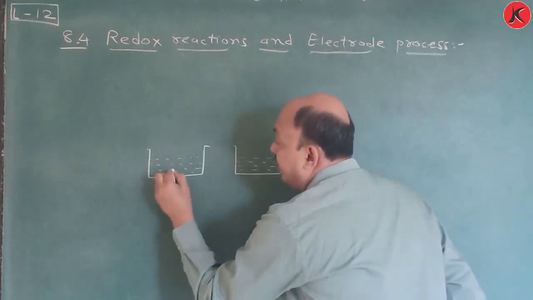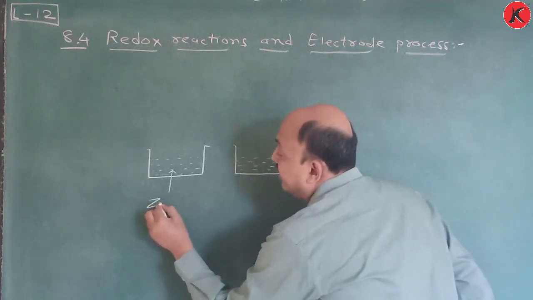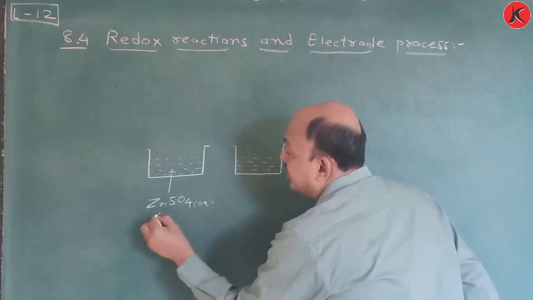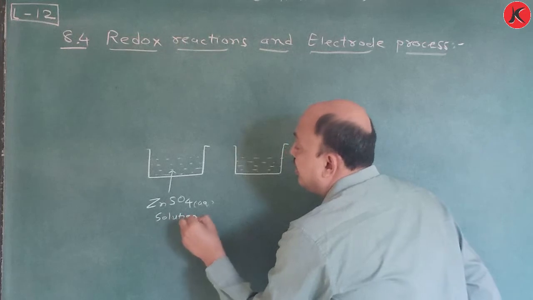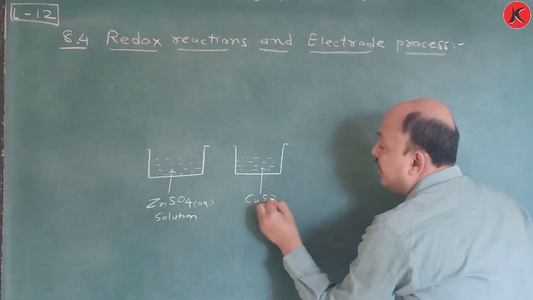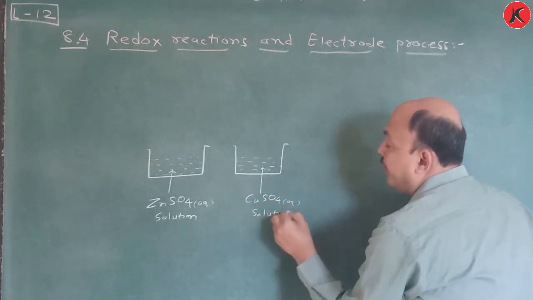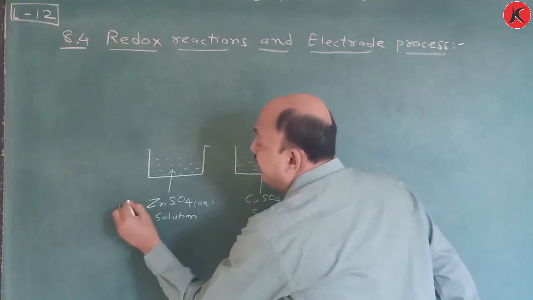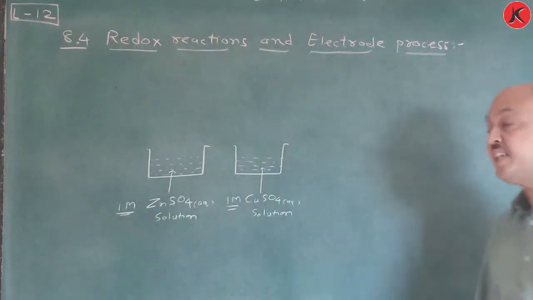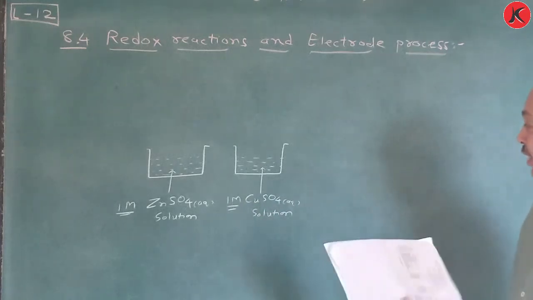Here you have to take zinc sulfate aqueous solution, and here you have to take copper sulfate aqueous solution. If we take 1 molar, I'll give information about this later on. Suppose this is 1 molar ZnSO4 aqueous solution and 1 molar copper sulfate aqueous solution, then what happens?